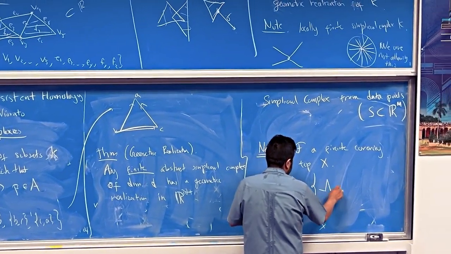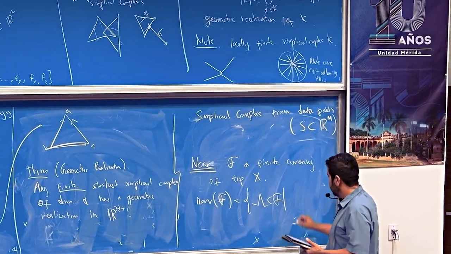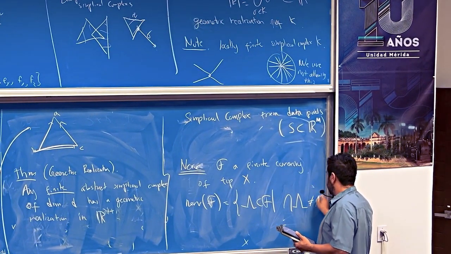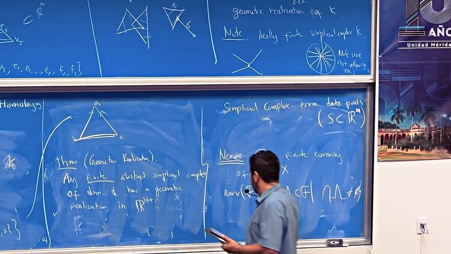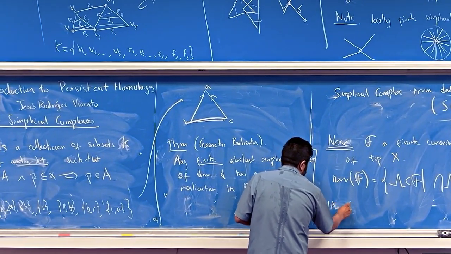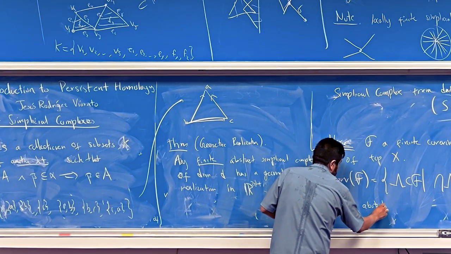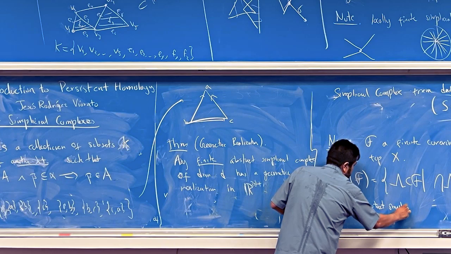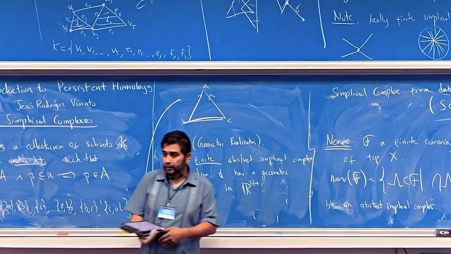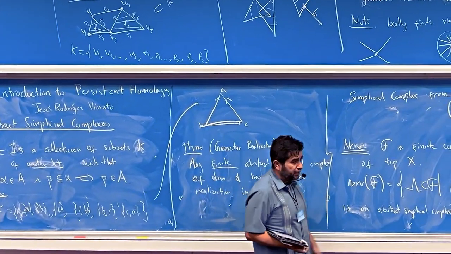It's just the subsets of F such that the intersection of these subsets is not empty. So the nerve is an abstract simplicial complex. Okay, so this is a way of defining simplicial complexes.